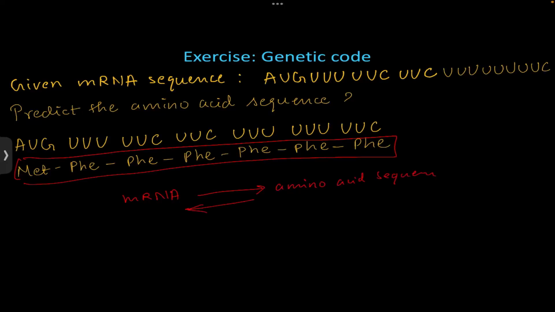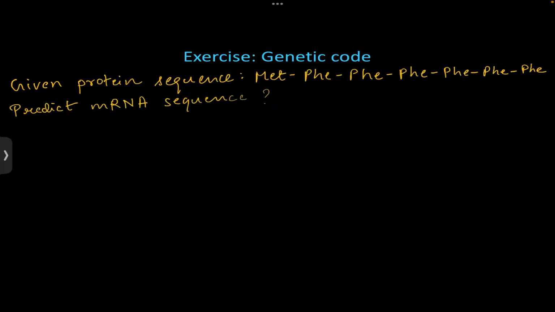The amino acid sequence is given to you, and from it we have to predict what the mRNA sequence will be. So suppose this is your amino acid sequence that is given. Again we have to use the genetic codon table to get the codons for each of these amino acids.